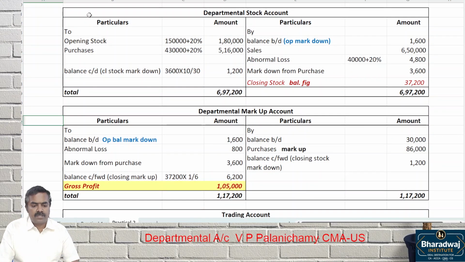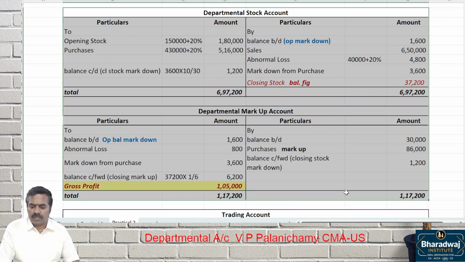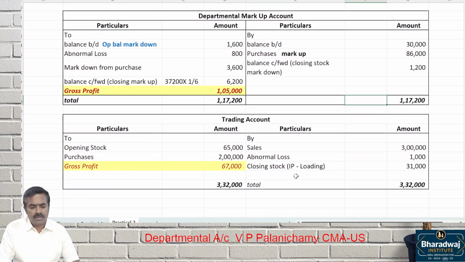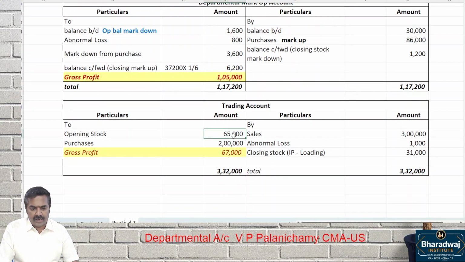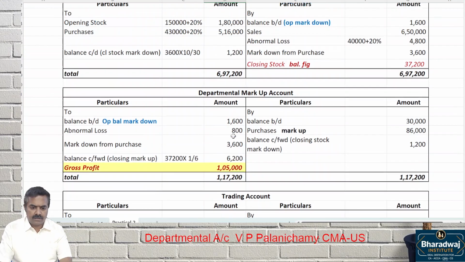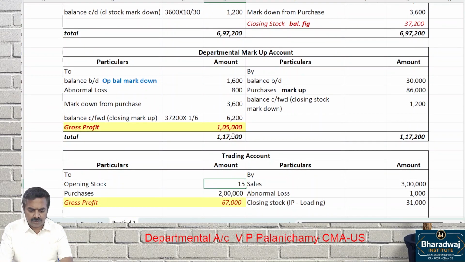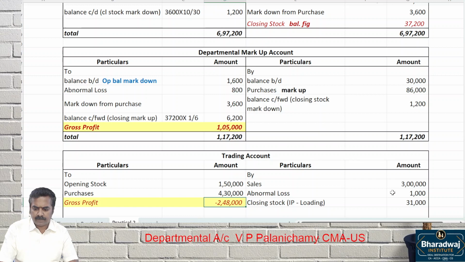Have we taken up this departmental trade stock account markup account? Trading account. What is the opening stock? 1,50,000. Purchases 4,30,000. Sales. How much sales? 6,50,000.